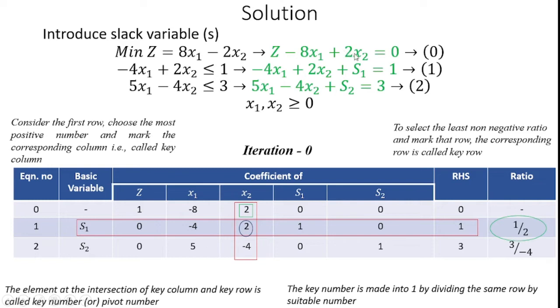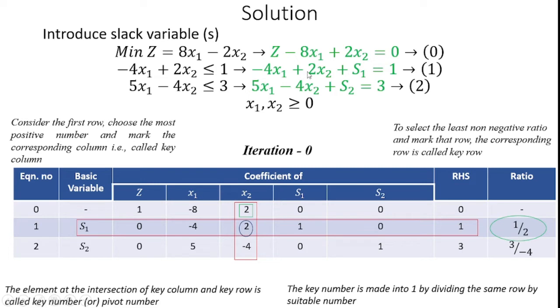After that, x2 has plus 2, so I place the 2 value in the respective cell. In equation 0, there is no s1 and s2 value available, so I leave 0 for s1 and s2. On the right hand side there is 0 available, so I write 0 in the right hand side cell.